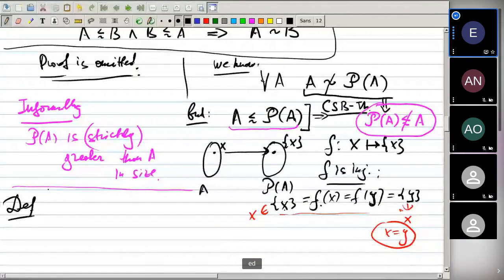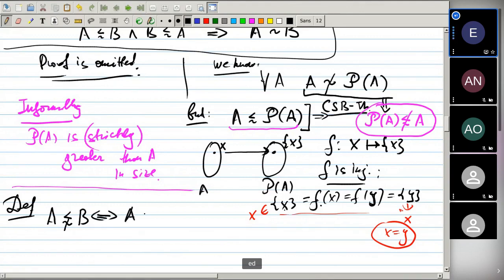Okay, we can introduce a new symbol. A here is the same as embeddable, but now let us cross this wave line. Let's cross it out. So A is embeddable into B, but not equivalent to it.